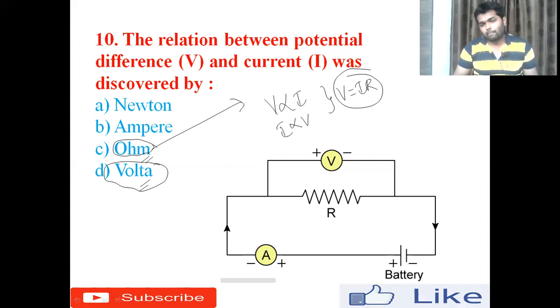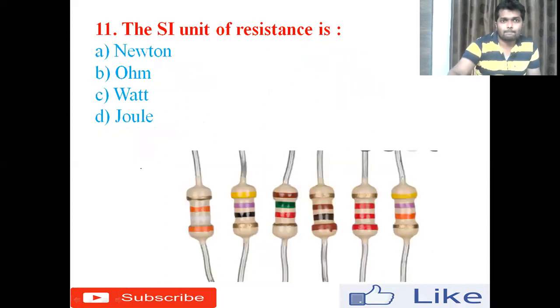11th one, the SI unit of resistance is: option A Newton, option B Ohm, option C Watt, option D Joule. Okay, so we know that Newton is the SI unit of force, right?